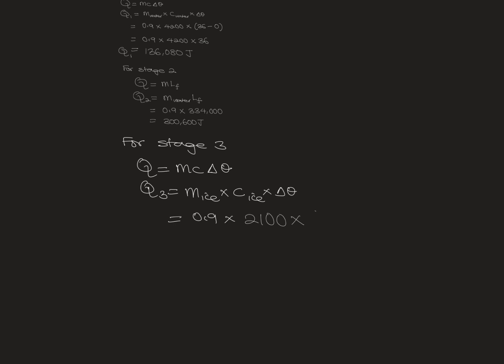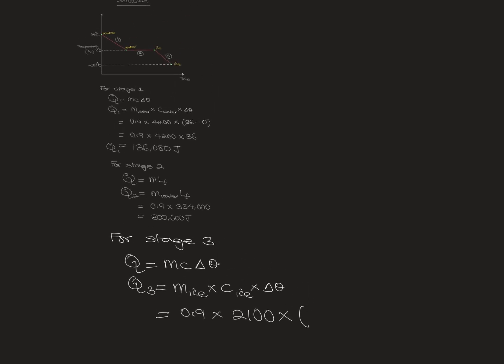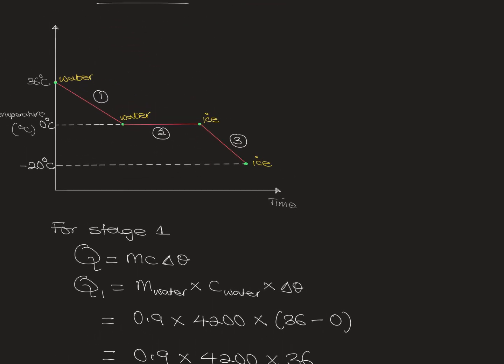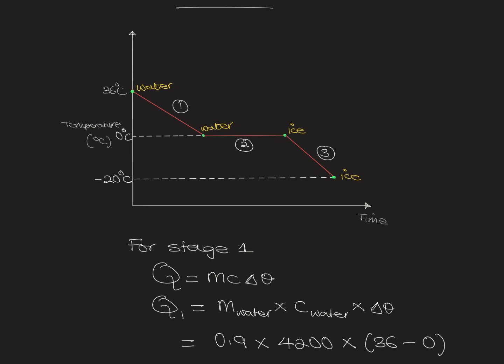Multiply by the change in temperature for the third phase, from ice at 0 degrees Celsius to ice at minus 20 degrees Celsius. So that will be 0 minus minus 20.